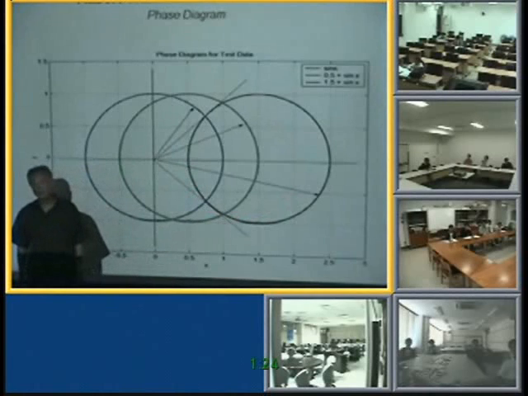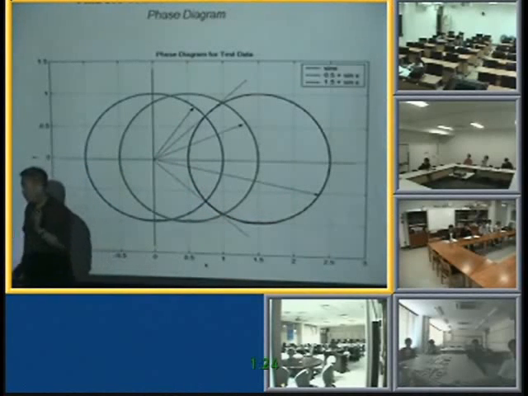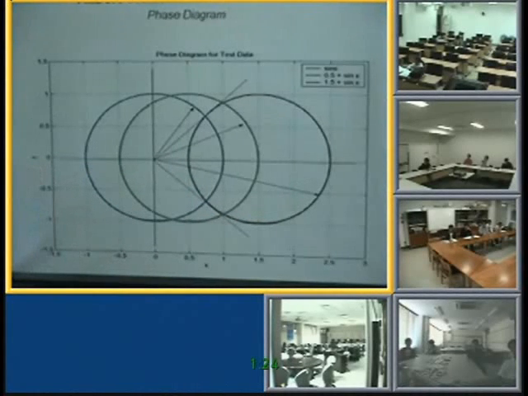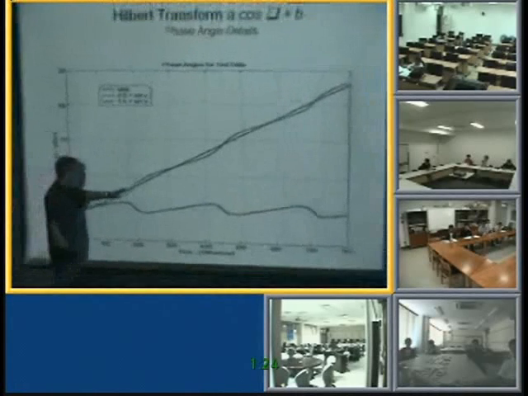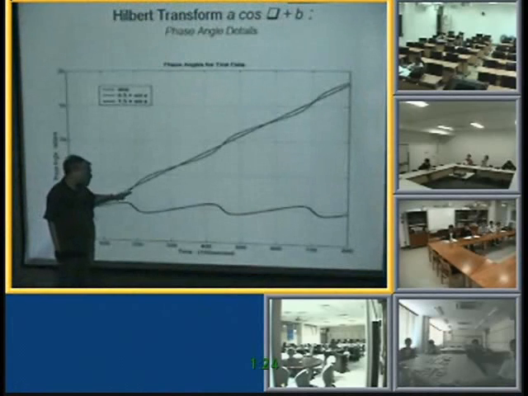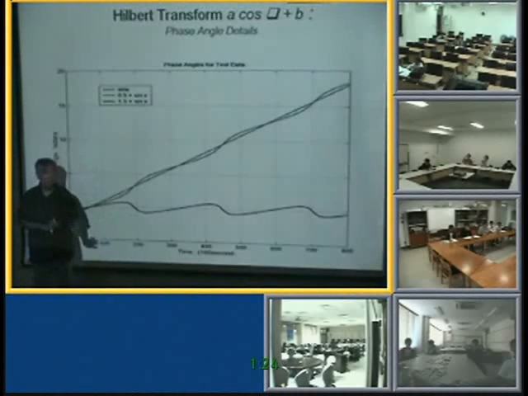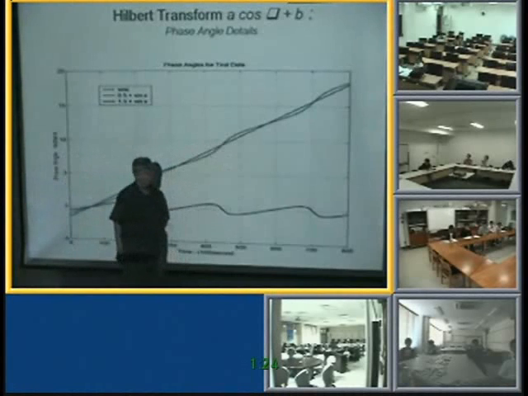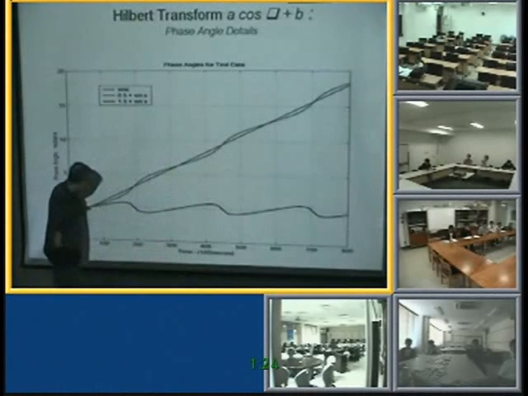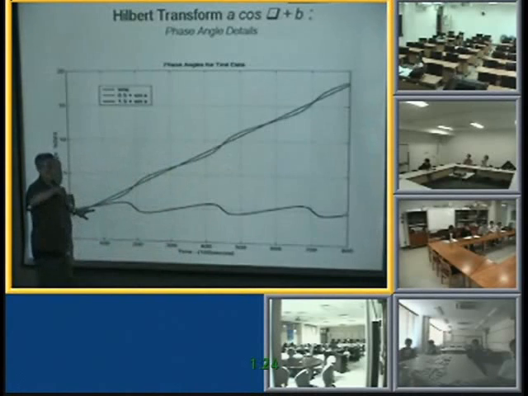So if I plot the phase angle of these 3 circles, for the blue one, I have a straight line. For the green one, because I have an eccentric circle, the eccentric circle goes like a VV line going through like that. And the red line is for the circle that's way beyond the 0.